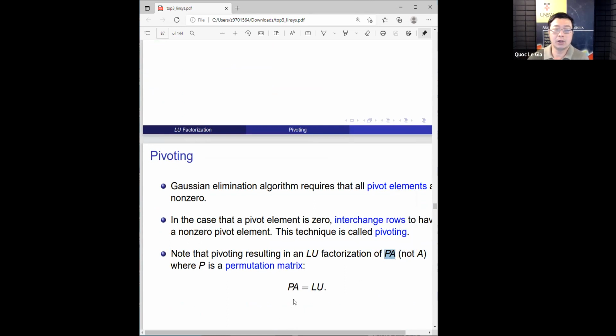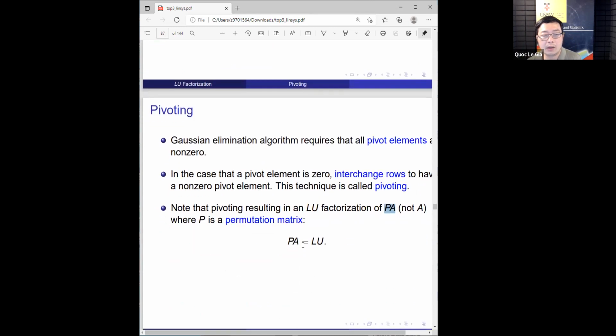Remember, a permutation matrix is just the identity matrix with rows or columns swapped. In effect, there's always a way to swap the rows so that the permuted matrix can be factorized into a product of L and U.